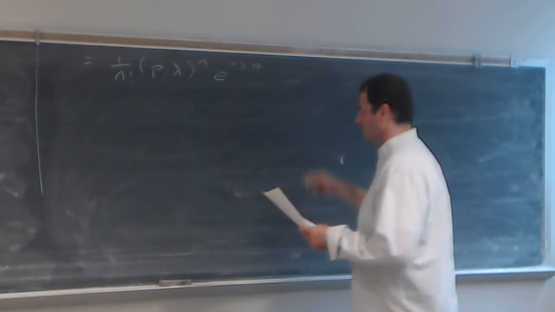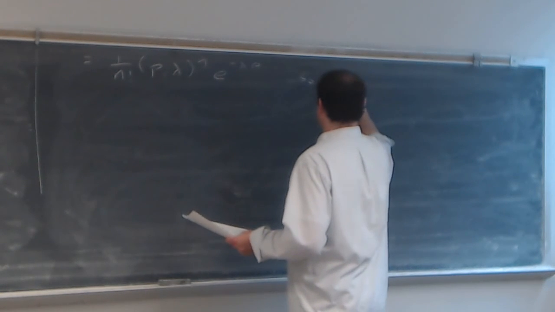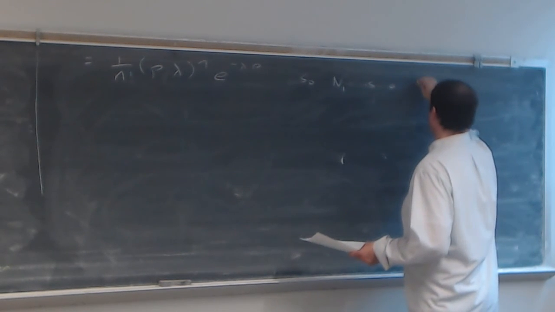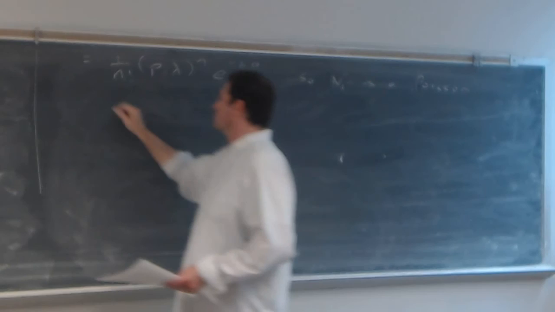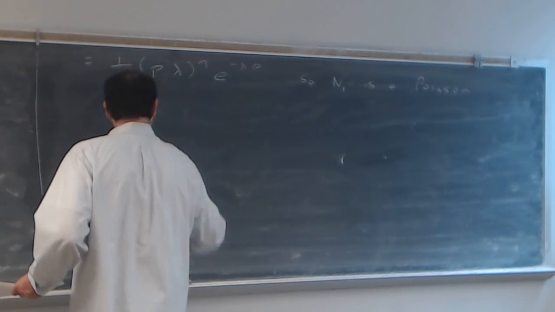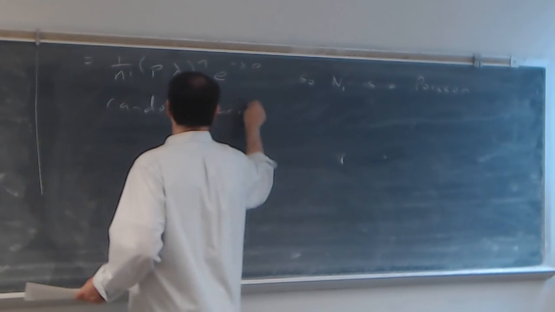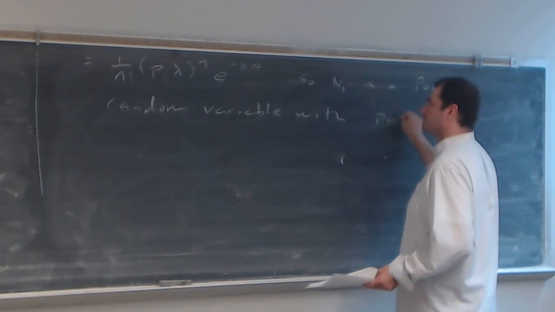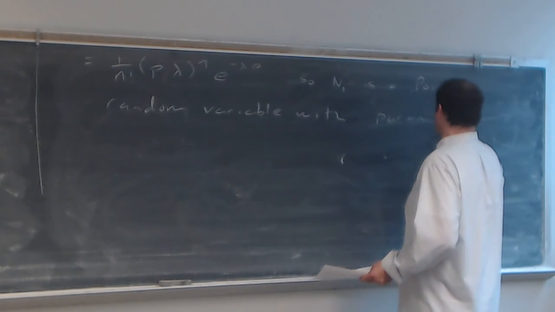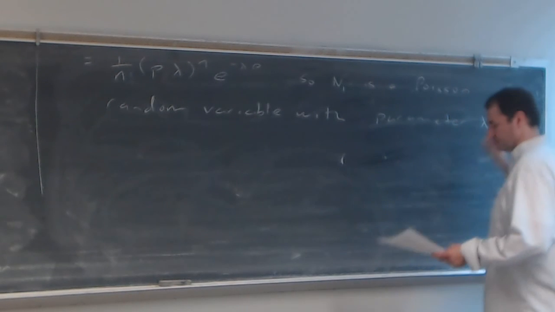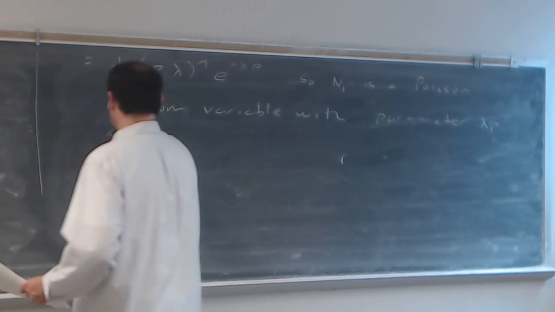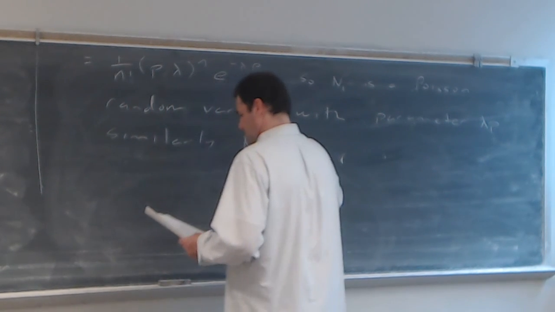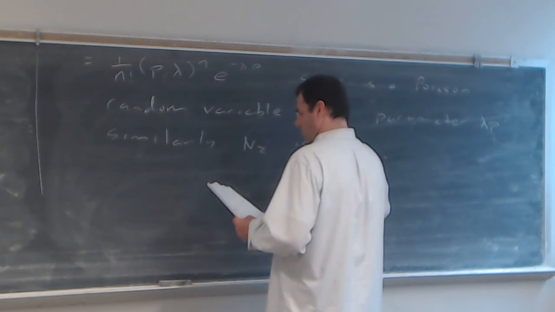Now we would get the same thing for the other variable. So n sub 1 is a Poisson random variable with parameter lambda p. Similarly, n sub 2 is Poisson.